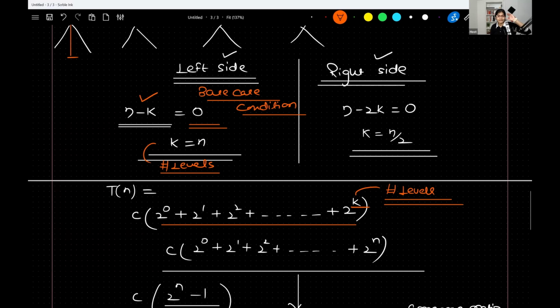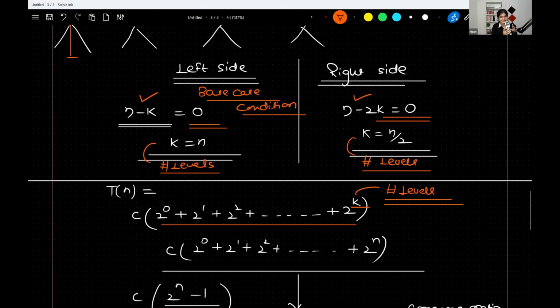On the right side, you are subtracting 2, 2, 2, 2, so it will be n minus 2k, which is again equal to 0. Here again you compute the value of k, which is approximately half. The number of levels on the right side is approximately half the number of levels on the left side. That is what we have computed.